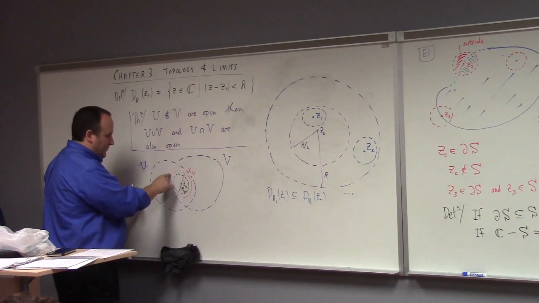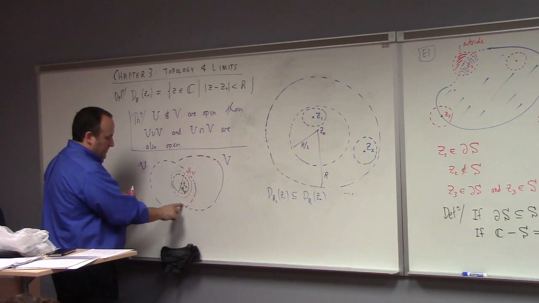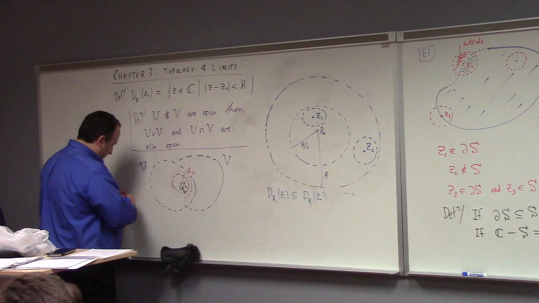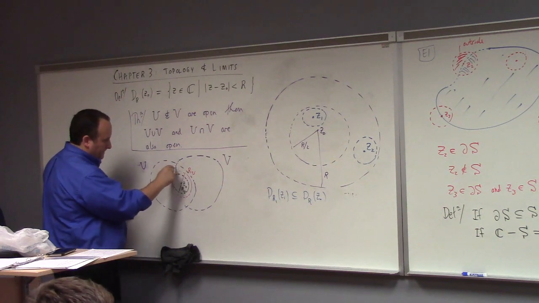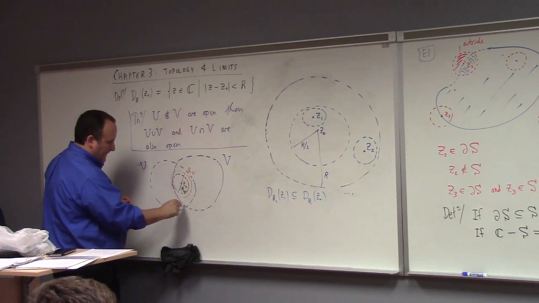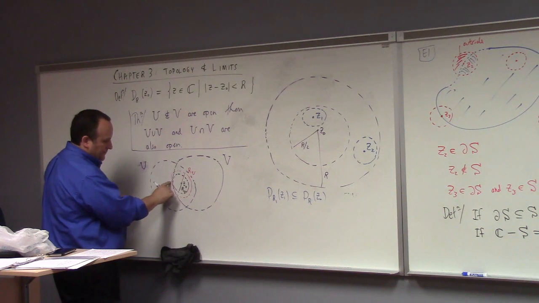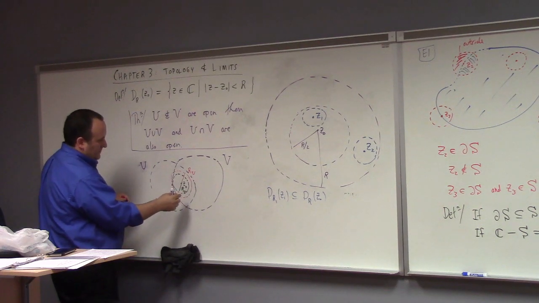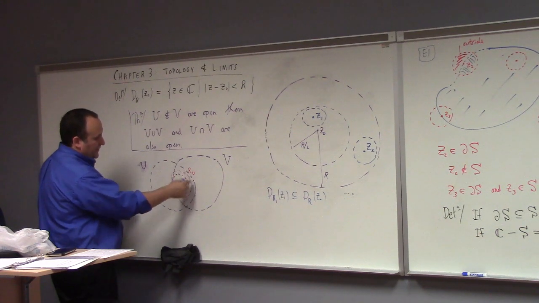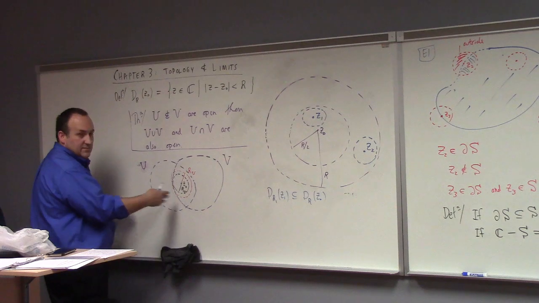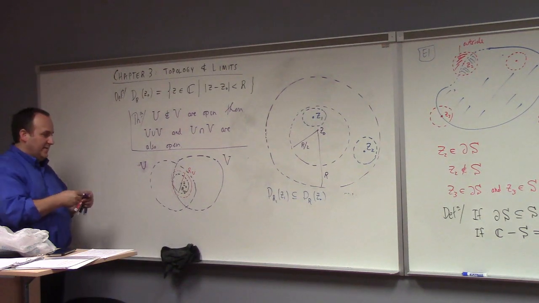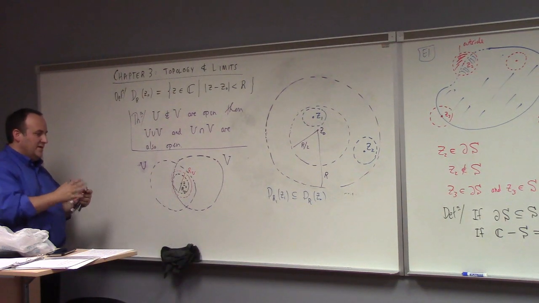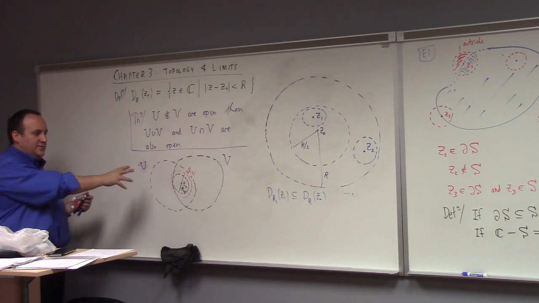If I just made this purple line go a little bit more like here, then part of the R_U disk is outside of V. All right, that could happen. My picture's not awesome.